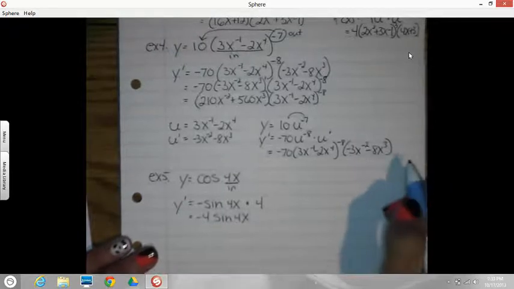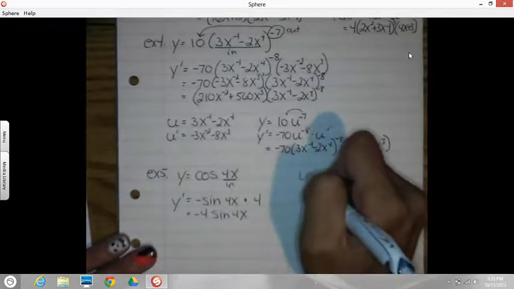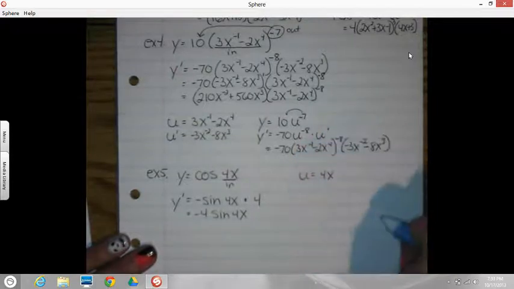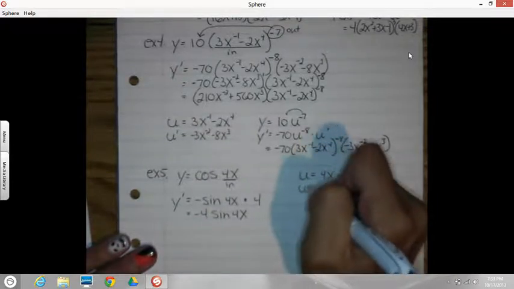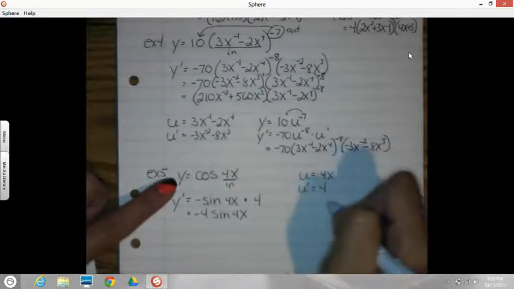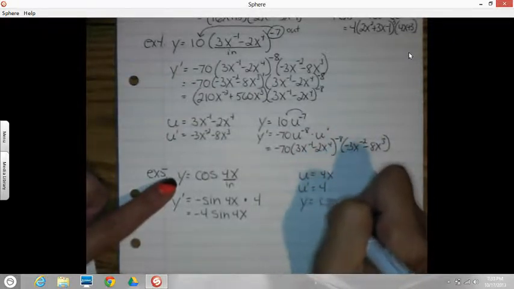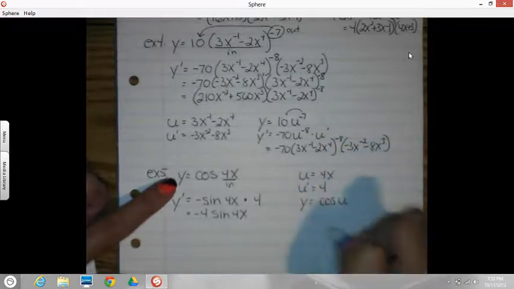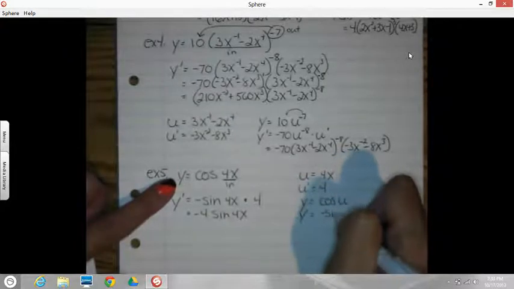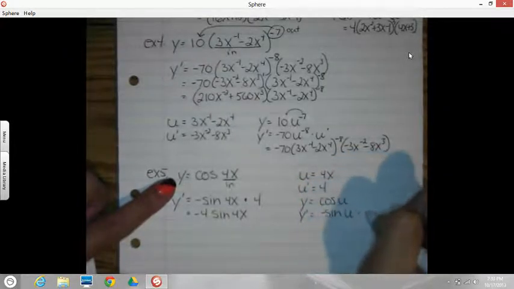If you like the u thing, u still equals the inside. U prime is 4. So we rewrite the equation now in terms of u. That'll be the cosine of u. The derivative of cosine is negative sine of the angle times u prime.